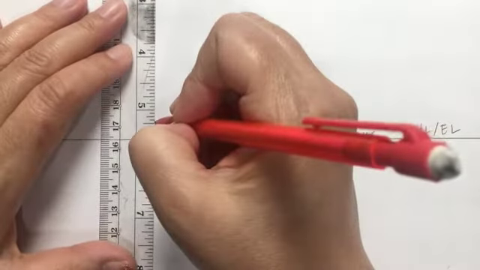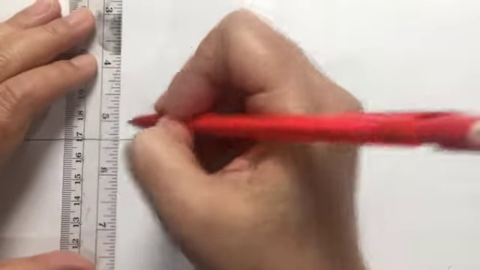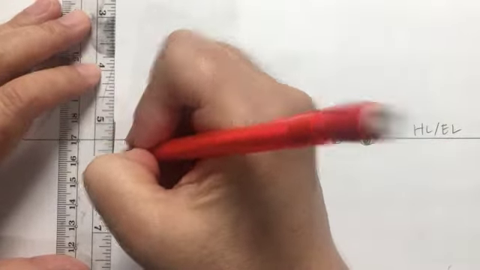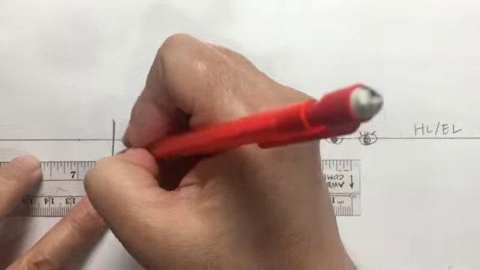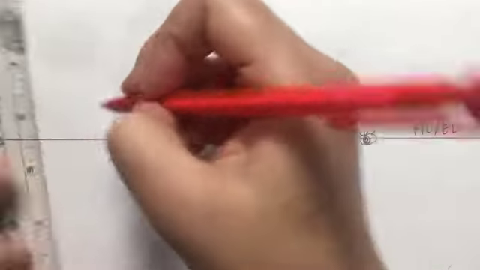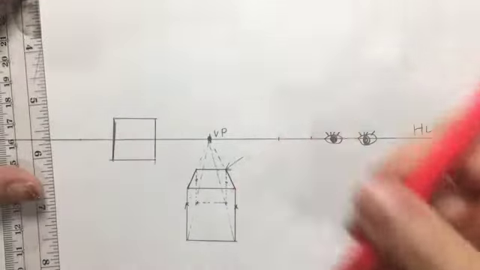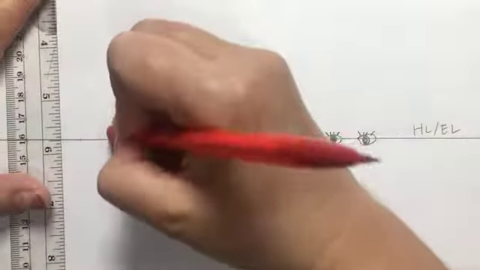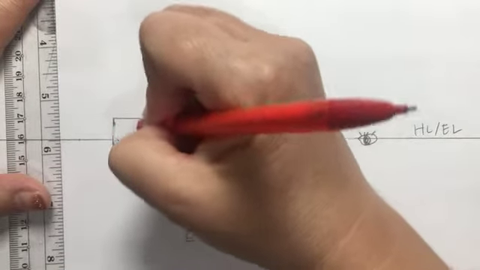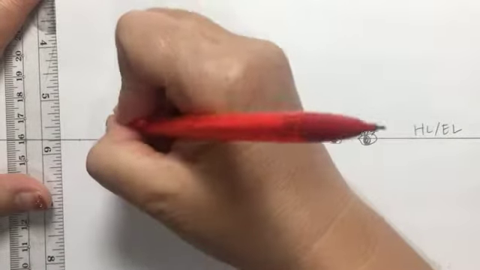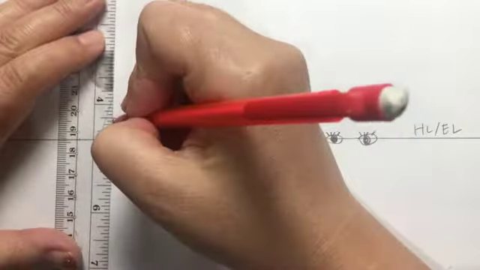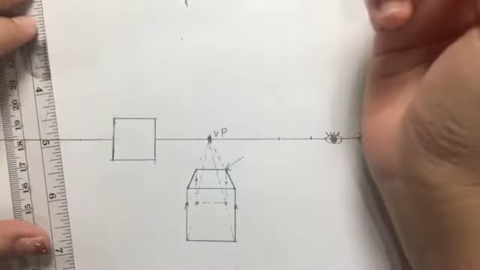Okay, so at the eye level, I'm going to construct the cube like this. Try to draw as neat as possible. Okay, so I'm going to erase the horizon line here because it looks a little bit cleaner, right?